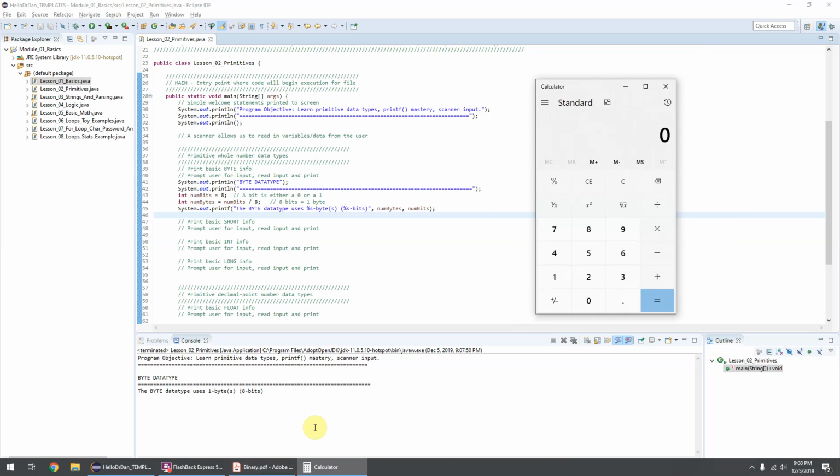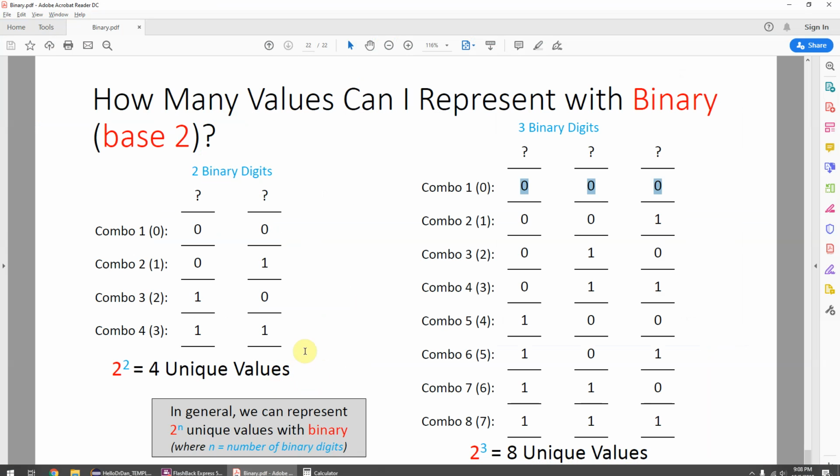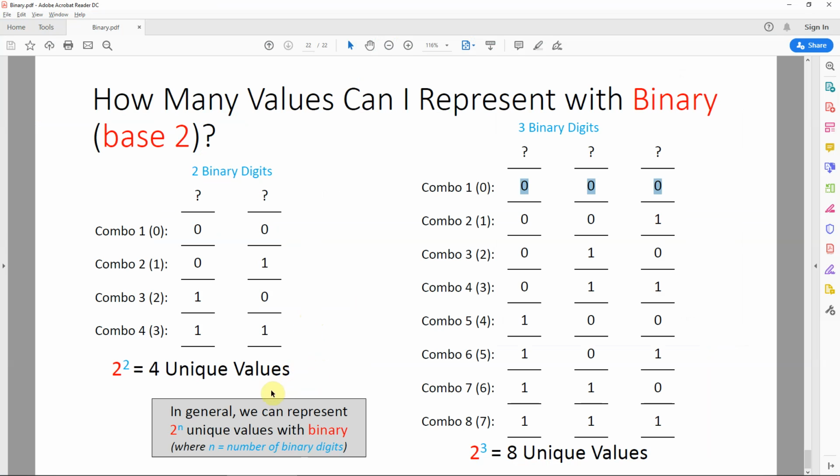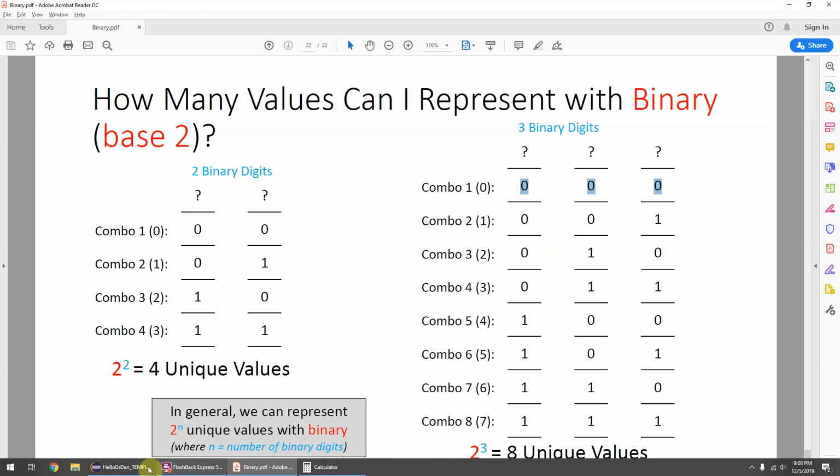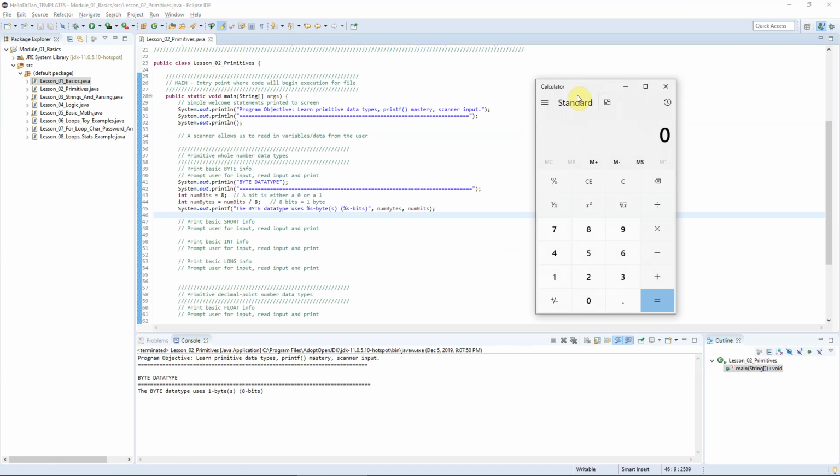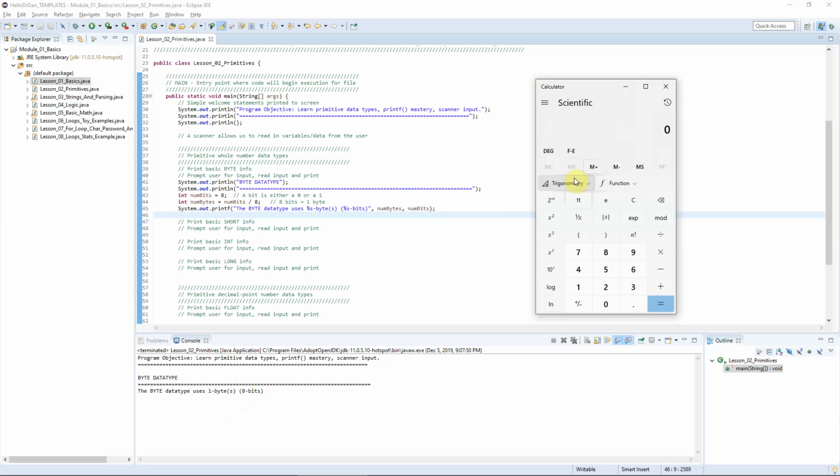If you recall from our binary PDF, the last thing that we learned was we can represent 2 to the n unique values with binary, where n is the number of binary digits. So let's go back to our code here, and in this case I have 8 bits, so I can represent 2. We might need to get a better calculator. Let's go to a scientific one. Here we go.